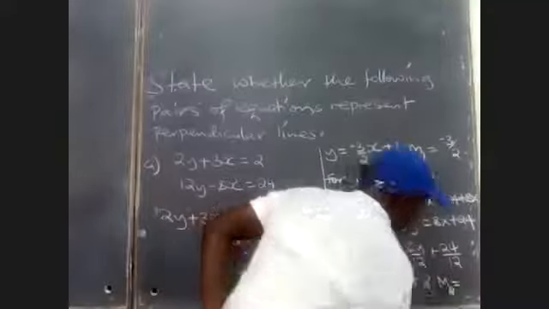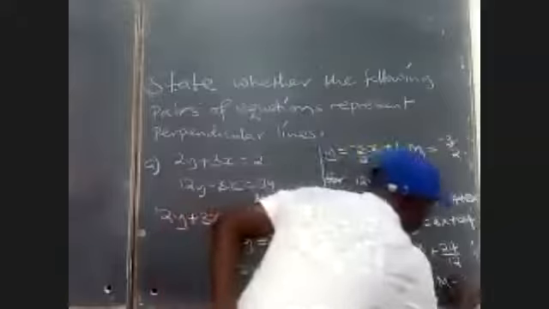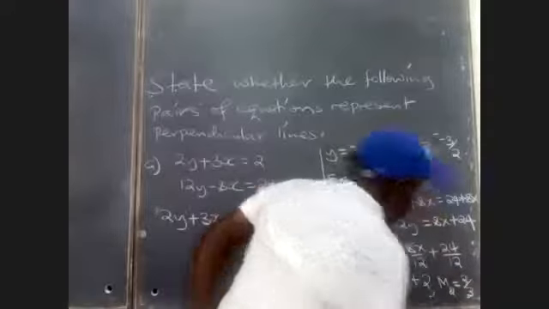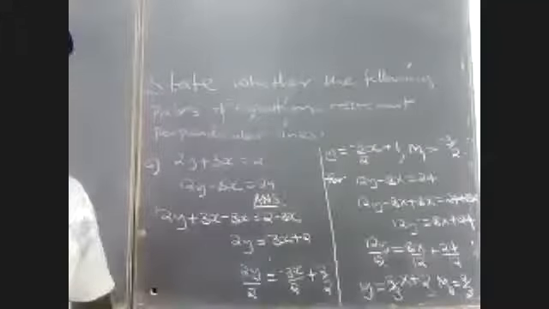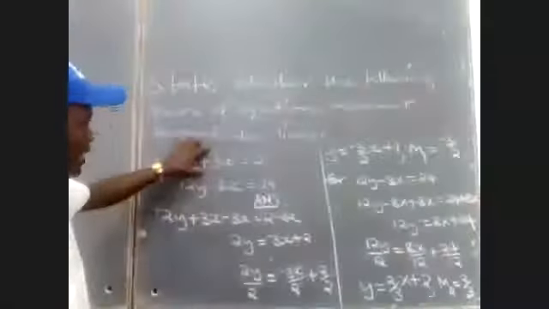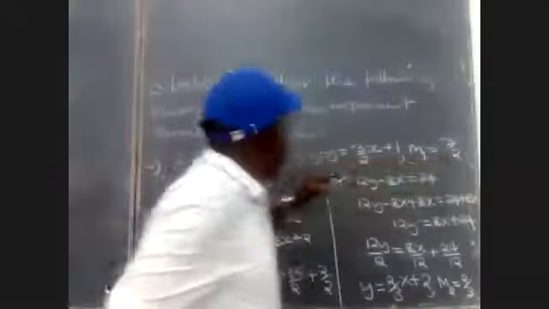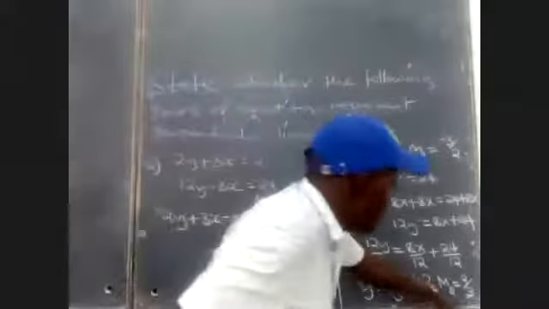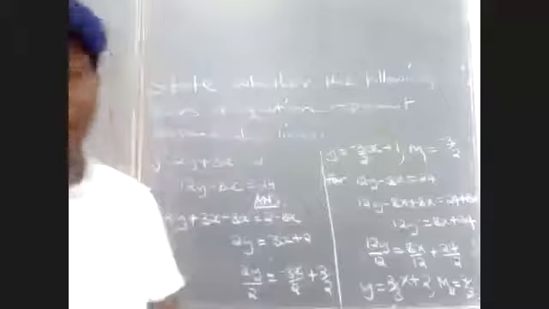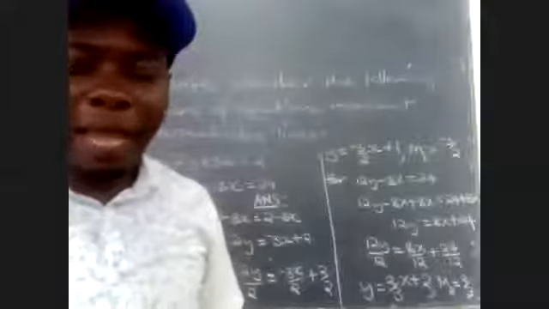It's 2 over 3. Is that okay to everyone? Yes, teacher. We have got the gradient of the first one, which is negative 3 over 2, and the gradient of the second one, which is 2 over 3. I hope that's okay.